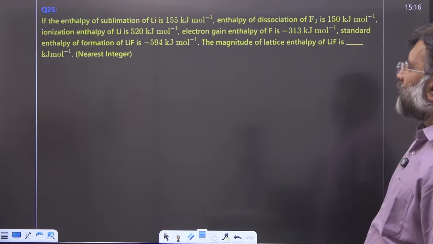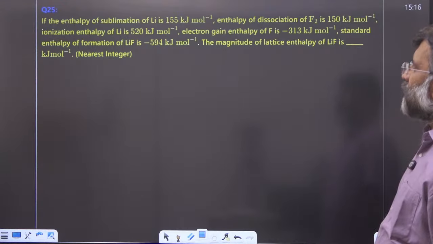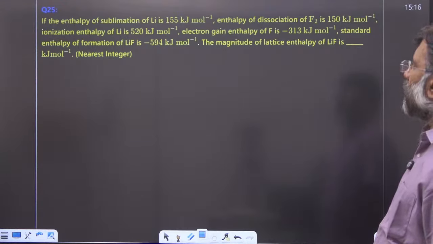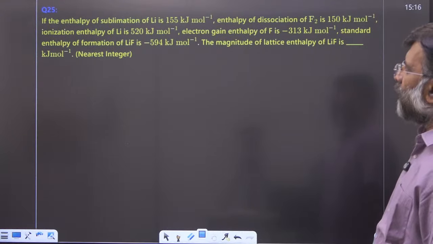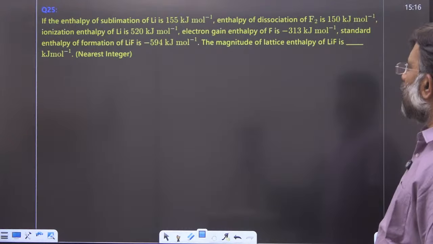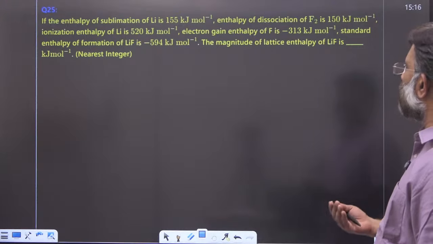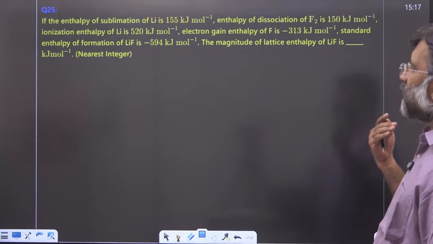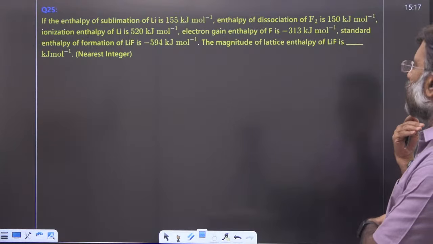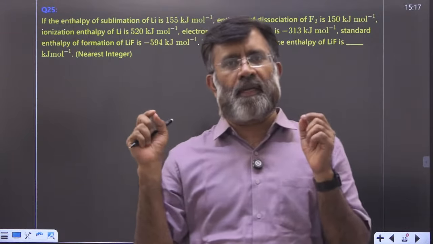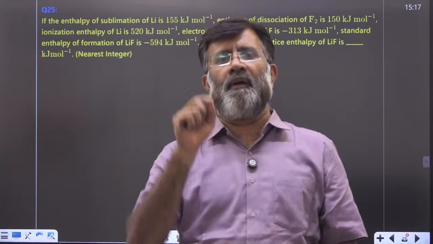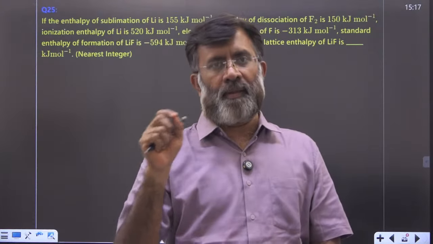If the enthalpy of sublimation of lithium is 155 kilojoule per mole, enthalpy of dissociation of fluorine 150, ionization enthalpy 520, electron gain enthalpy minus 313, standard enthalpy of formation minus 594, find the magnitude of lattice enthalpy. This is the Born-Haber cycle. We discussed the example of NaCl in the class.